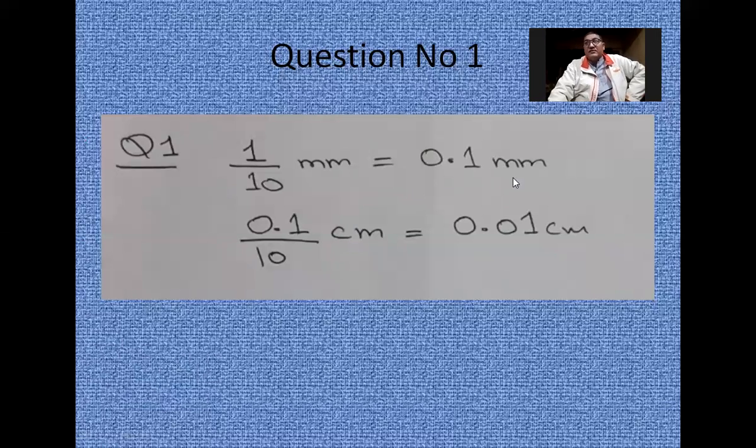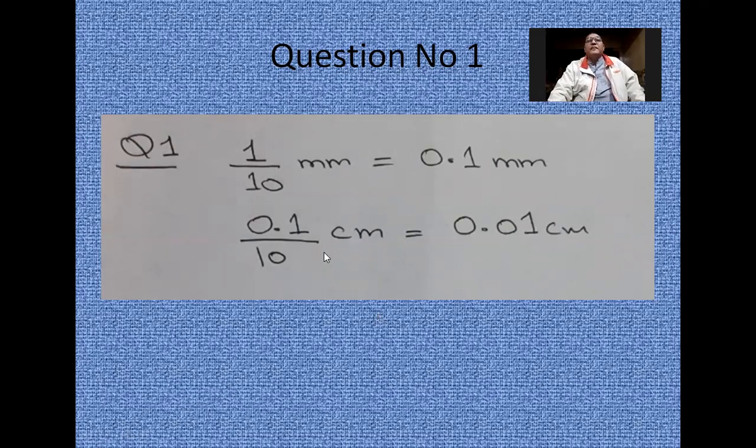If you convert the millimeter into centimeter, you have to divide it by 10. So you get 0.01 centimeter. So in centimeters, 1/10 millimeter means 0.01 centimeter. After the decimal, there are 2 decimal places. So we will check which option has 2 decimal places after the decimal.